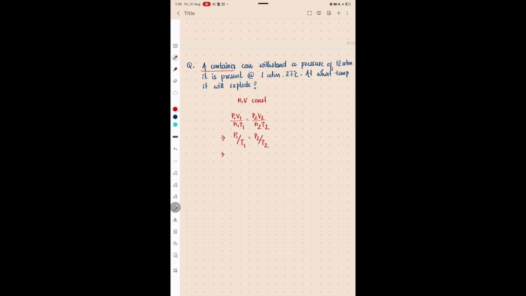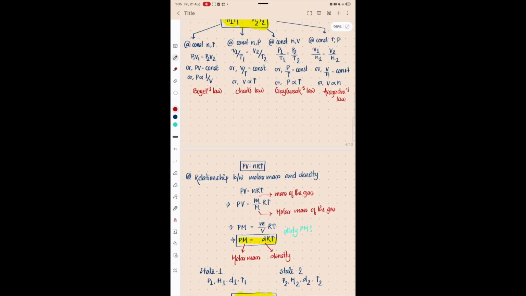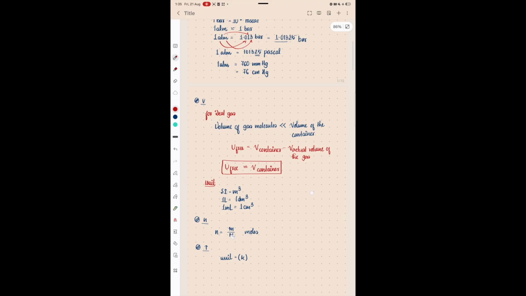Now the initial state was 1 atm and 27 degrees centigrade. One thing to remember when you are solving these questions is to always work in Kelvin, not degrees centigrade, because if you remember the ideal gas constant R, in none of the R units was there degree centigrade, all were in Kelvin.